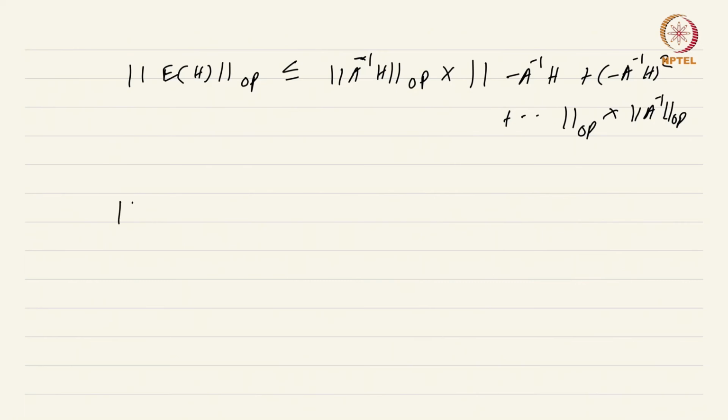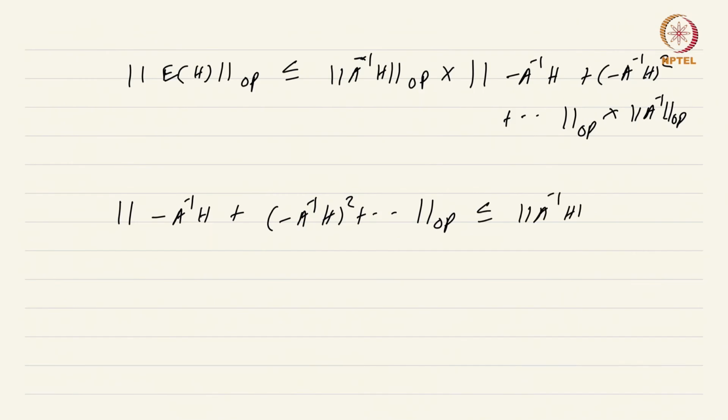The norm of minus A inverse H plus minus A inverse H squared plus dot dot dot operator norm is less than or equal to the norm of A inverse H operator norm plus the norm of A inverse H operator norm squared plus dot dot dot.